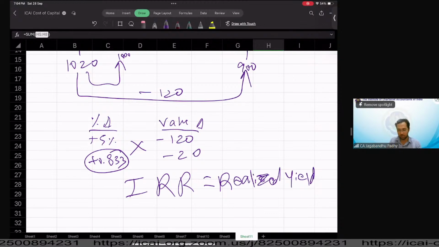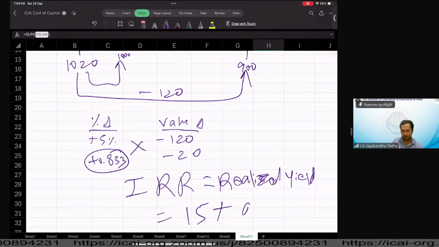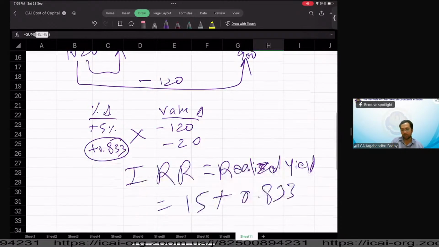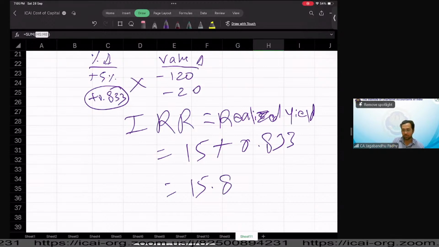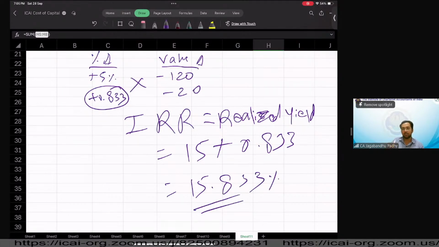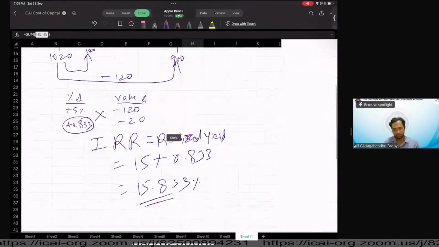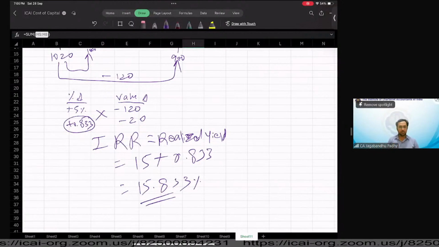The rate of return which the equity shareholder is getting, can I say it is 15 plus 0.833, which translates to 15.833%. This is the approach of calculating cost of equity, which is the realized yield approach.